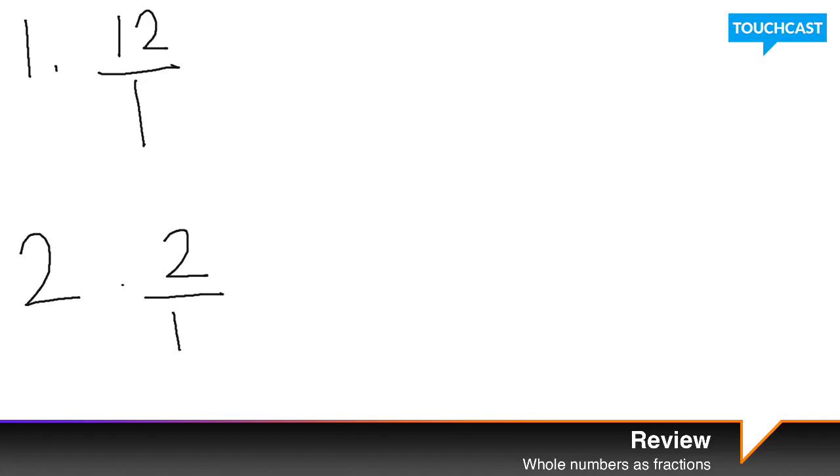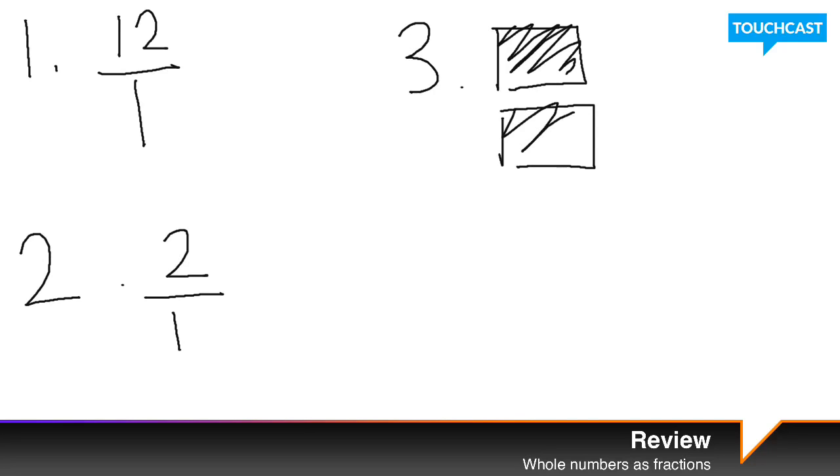And this one's different. Please write the fraction that is represented by this drawing. 1 whole, 2 wholes, 3 wholes. So you have 3 review problems. I can't wait to go over your work. Nice job.